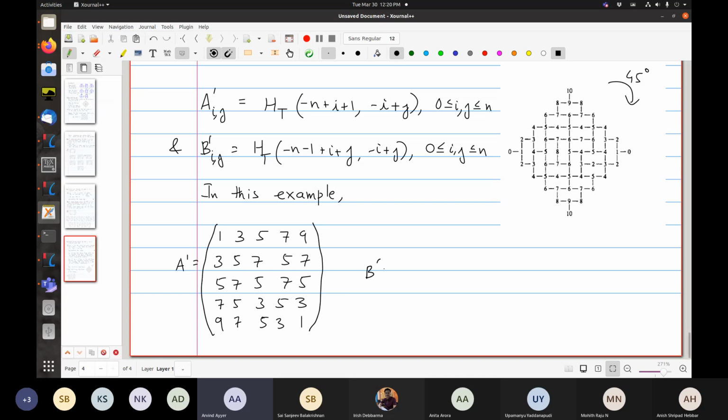And B prime is going to be bigger. It's going to be a 6 by 6 matrix. So I'm going to now read the even vertices. So I get 0, 2, 4, 6, 8, 10.